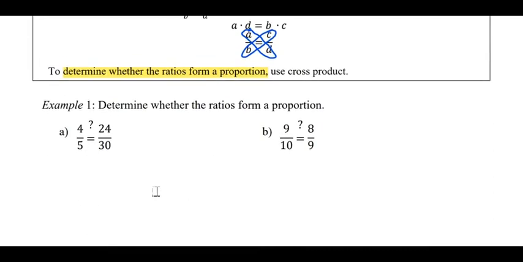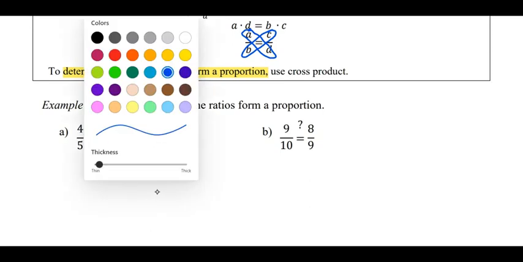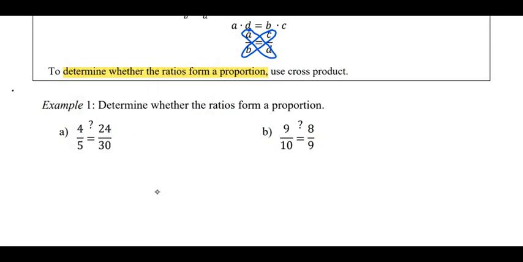What we're going to do is use the cross product to verify proportions. So we will have 4 times 30 and 5 times 24. So 4 times 30 should equal 5 times 24.